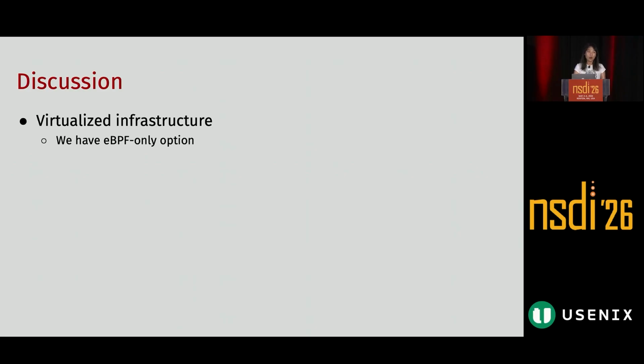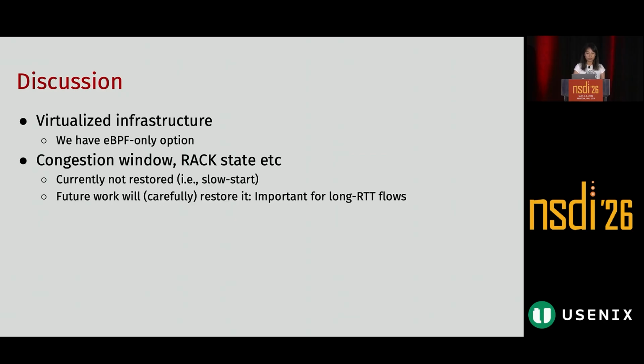But if our hosts are virtual machines, then it is unlikely, unless NIC hardware is exposed, for example, with SR-IOV. However, we demonstrated that XO still achieves good performance, even just with eBPF.